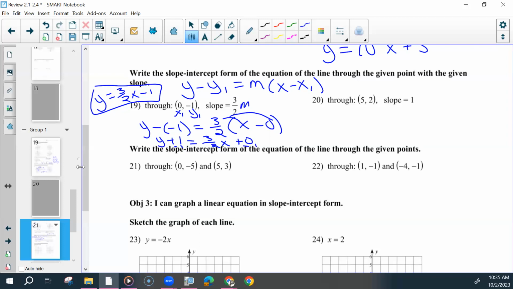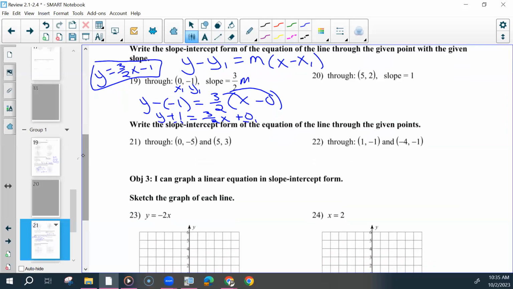Questions on 19 before we do one of 21 or 22? Which of those would we rather do, 21 or 22? 22. Right. When you are given 2 points, you're still doing this same process, but you have to find the slope first.